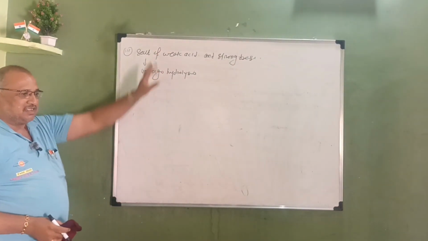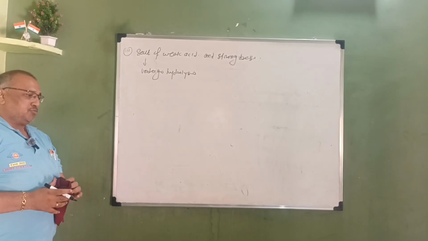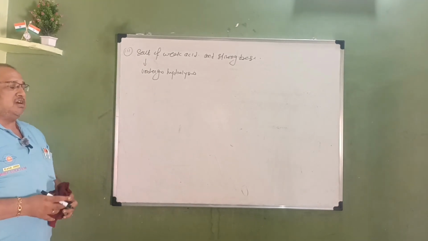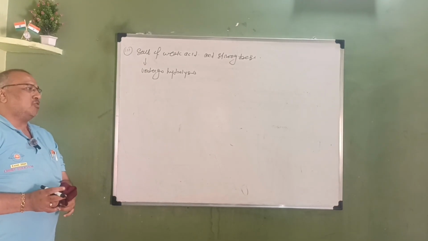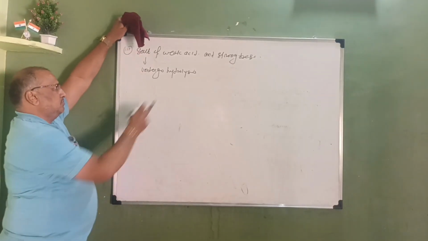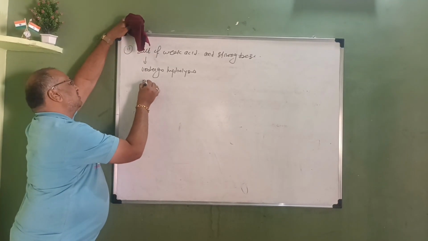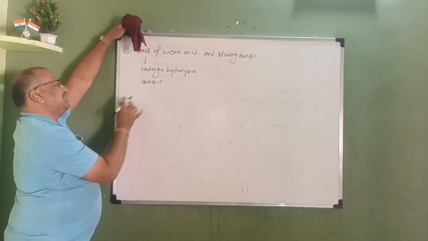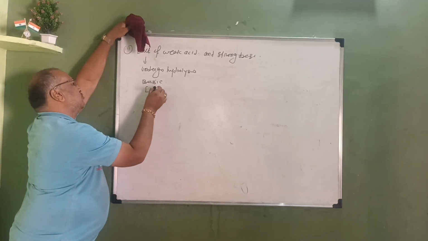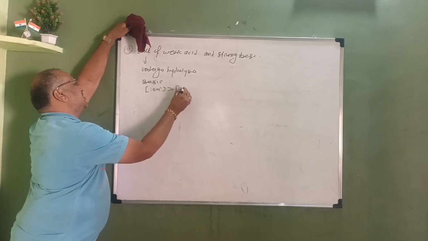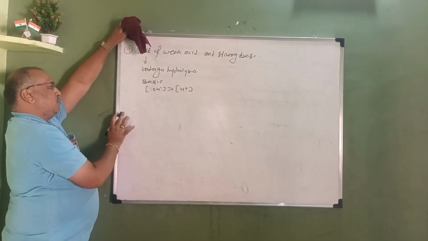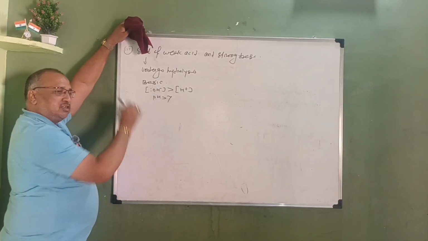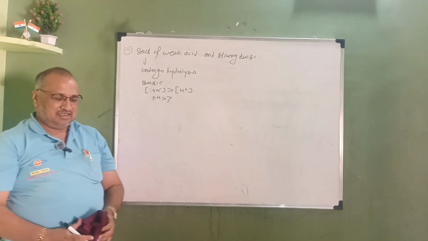Now in this case, what is the nature of the aqueous solution of this salt? Tell me the species which is strong. Here base is strong, that means the aqueous solution of this salt is basic, that is concentration of OH minus ion is greater than concentration of H plus ion, and pH of this solution is greater than 7.